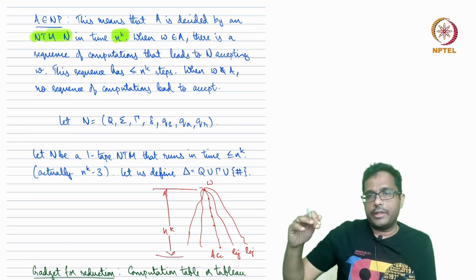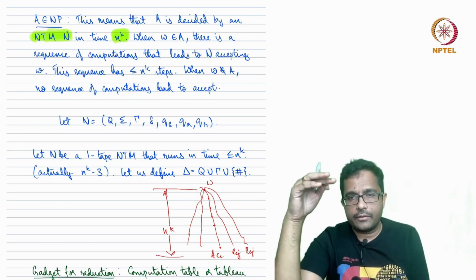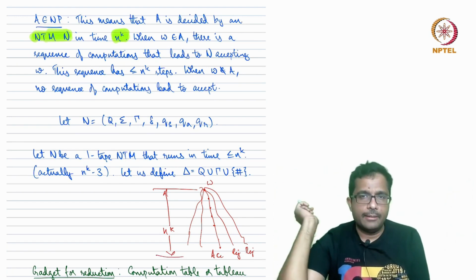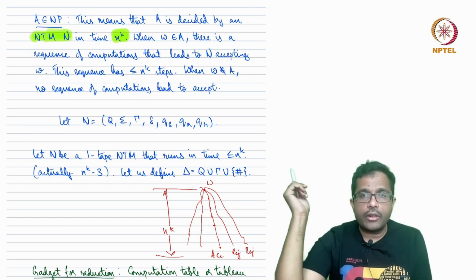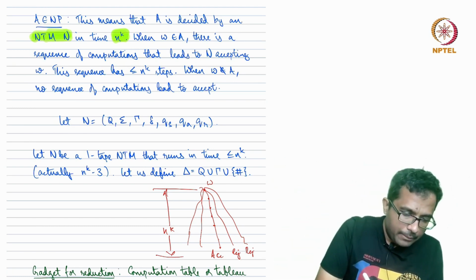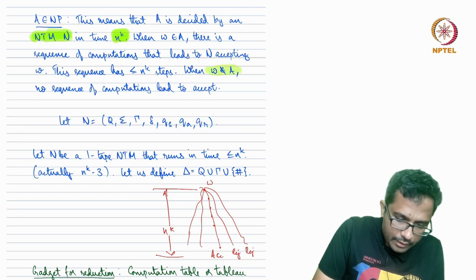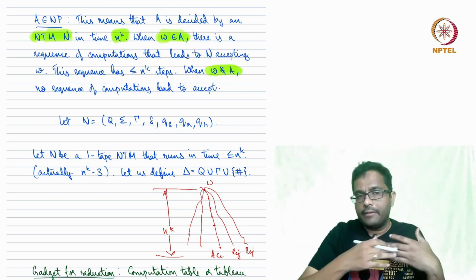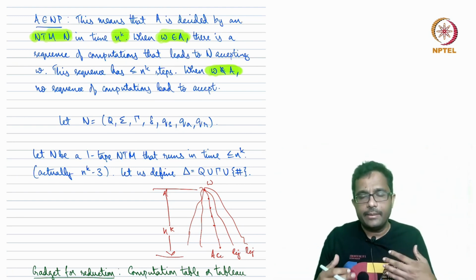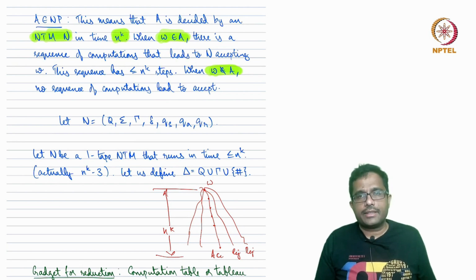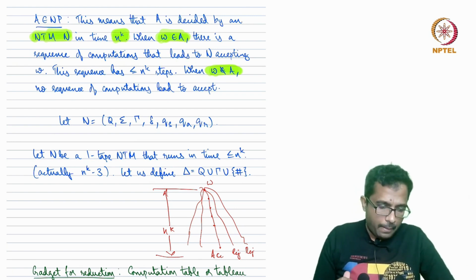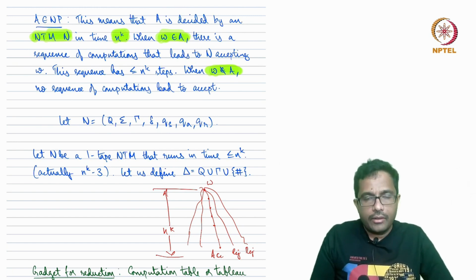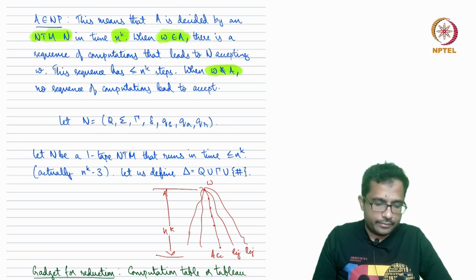So there is a sequence of computations starting with the starting configuration and reaching accept for N on the string W. That is when W is in A. When W is not in A, there is no such sequence of computations, meaning whatever valid sequence of configurations we see will lead to reject. So when W is in A, there is a sequence of computations leading to accept, and when W is not in A, all the sequences of computations lead to reject.